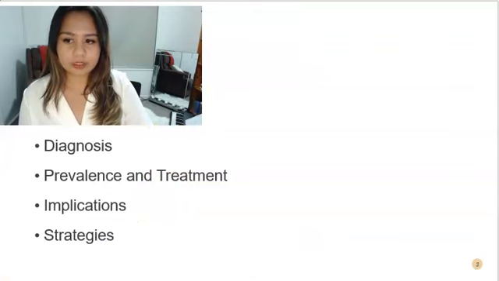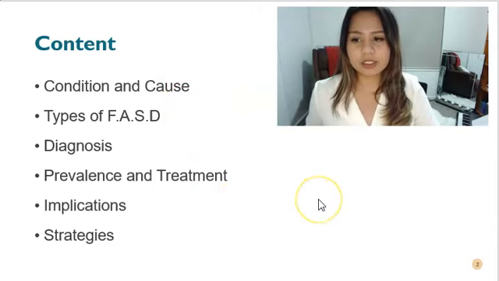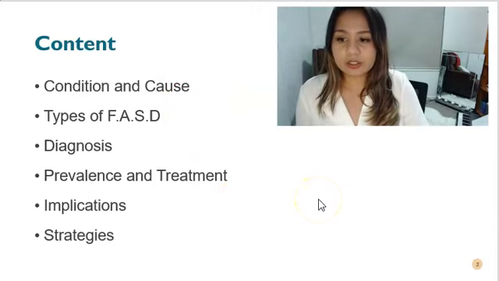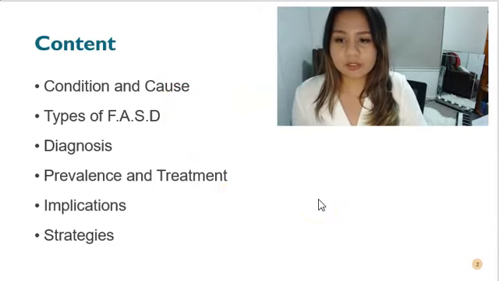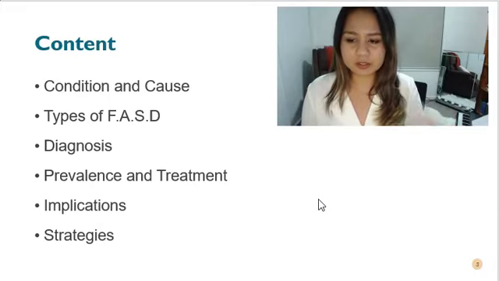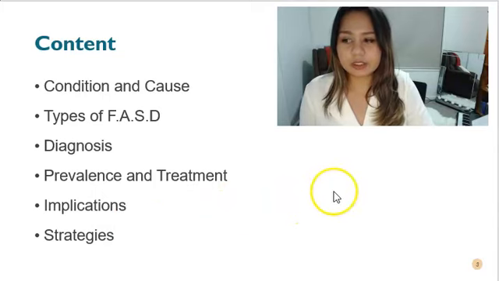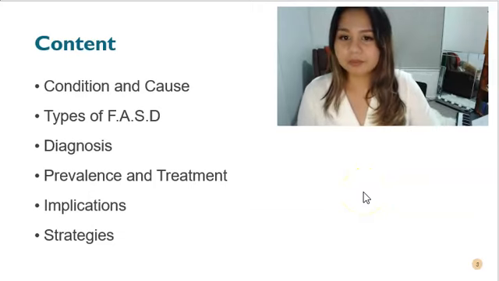Today we'll be going through the condition and cause, types of FASD, how it's diagnosed, the prevalence and treatment available, implications that this may cause for you as a teacher in the classroom in general, how it may be an issue for learning for the student, and strategies to help support them and help them to succeed in the classroom.